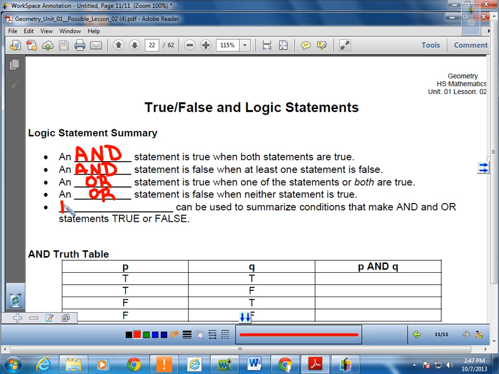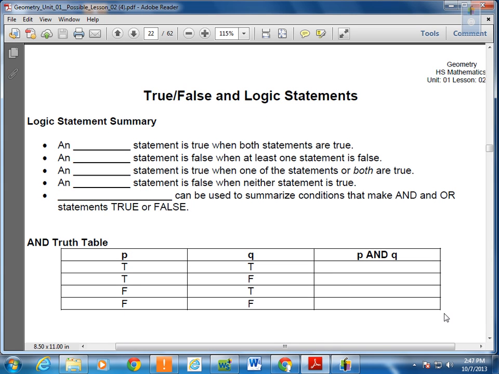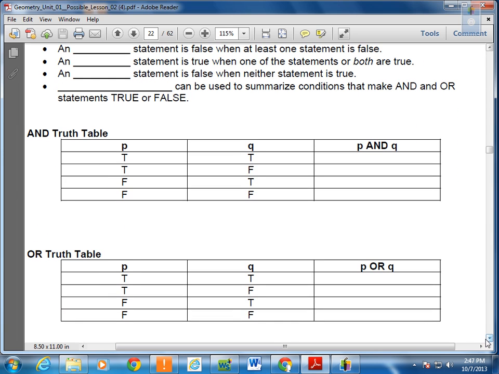Truth tables can be used to summarize conditions that make and or statements true or false. Okay, we need to fill in our truth tables for and statements and for or statements.